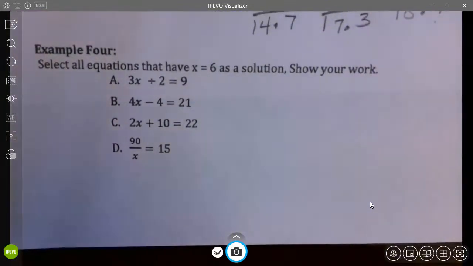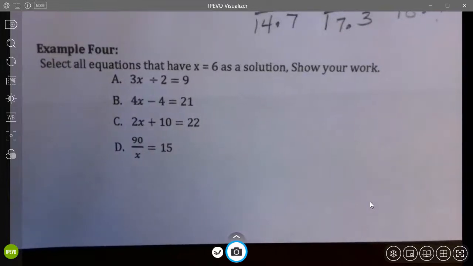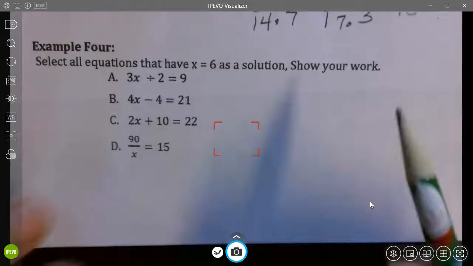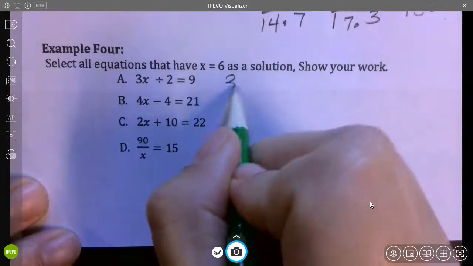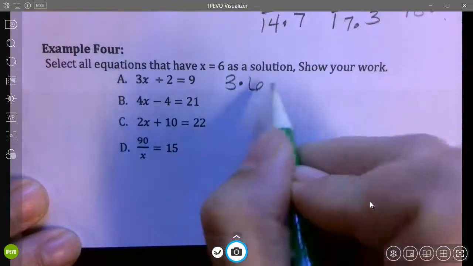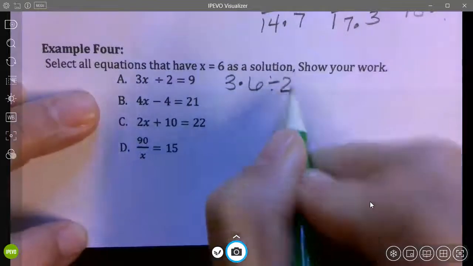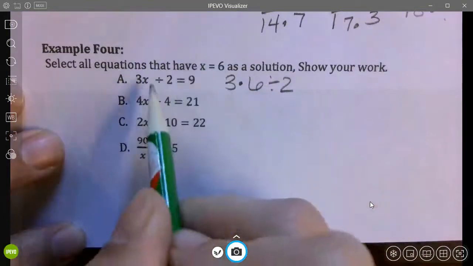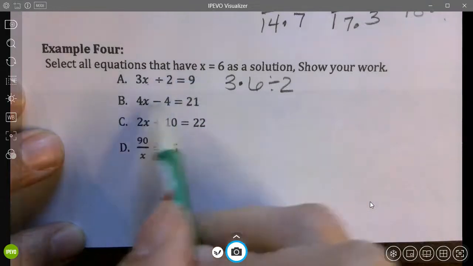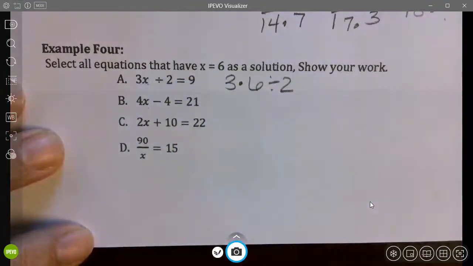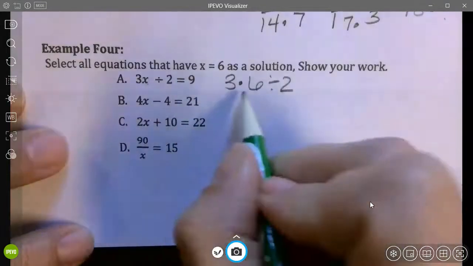Select all the equations that have x equals 6 as your solution. So automatically, I'm just going to substitute the 6 in for the variable in each of my equations. And then I'm going to solve it.